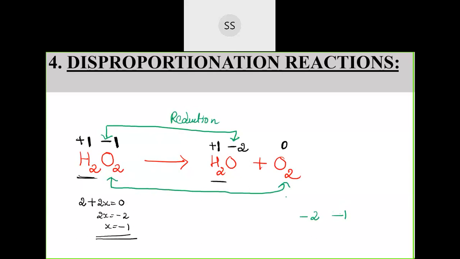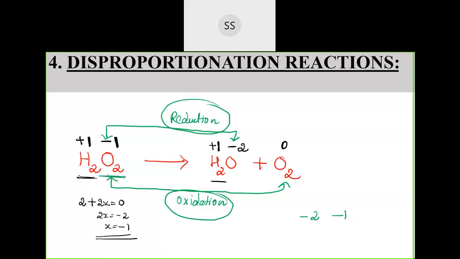-1 to 0, it has undergone oxidation, correct? So see here, one element itself simultaneously has undergone oxidation as well as reduction. Same element, not a different element. In the earlier reactions, whatever we did, one element was undergoing oxidation and another element was undergoing reduction. Here it is not like that.